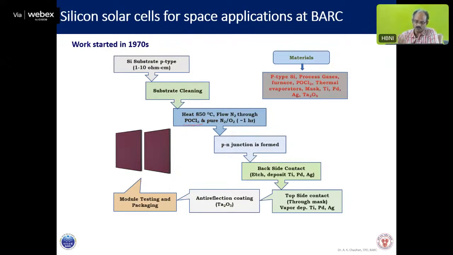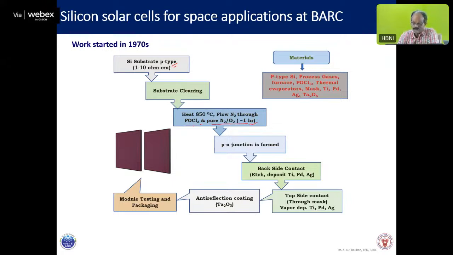Nitrogen was flown through a POCl3 tube, and it took some of the POCl3 with it, and this was flown through certain pipes, and then it was passed over this p silicon. If you continue this process for nearly 1 hour, a PN junction forms.